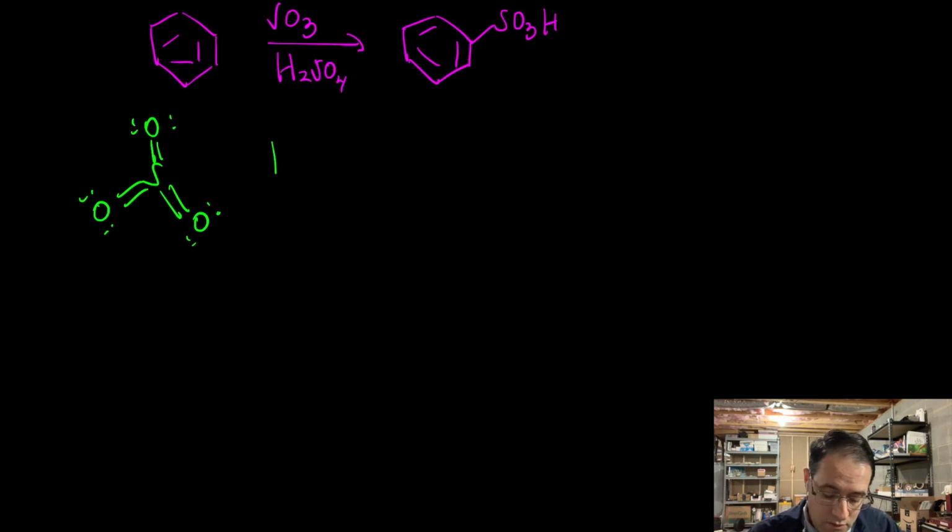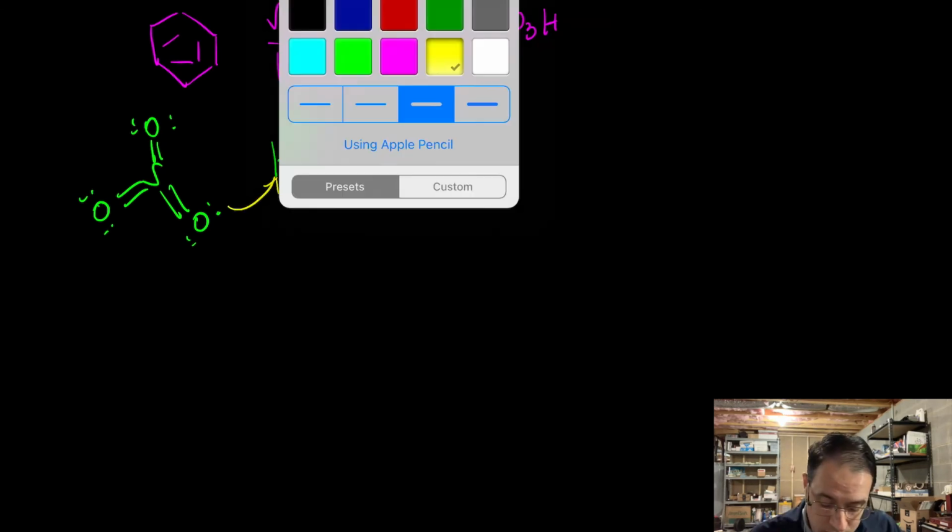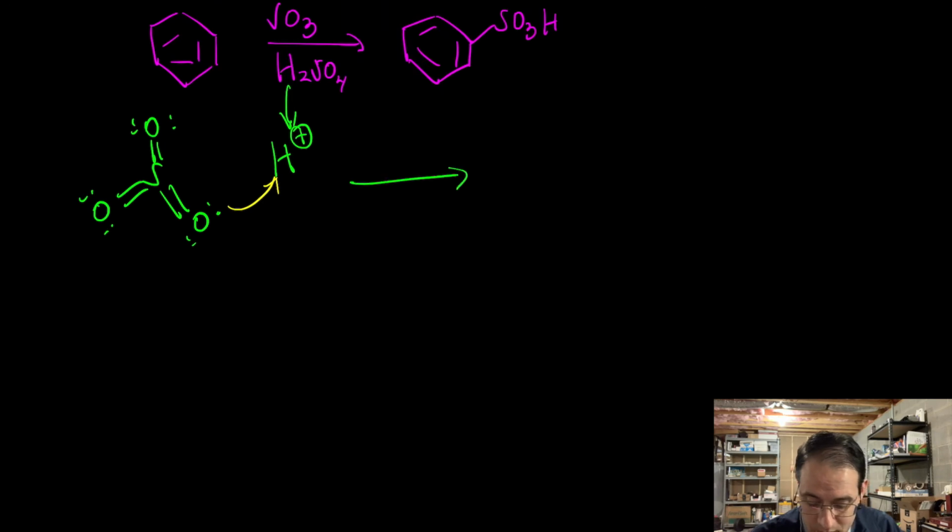All right, so this is sulfur trioxide, and then that's going to react with H2SO4. We don't have to be too careful about that. In my class, I allow students to just write H+. That's the really important part here. So sulfur trioxide becomes protonated, and what you form is an electrophile.